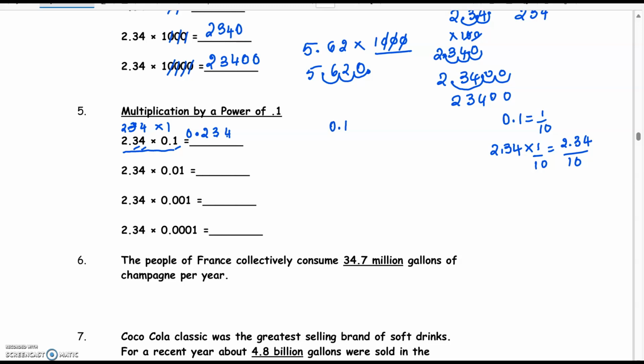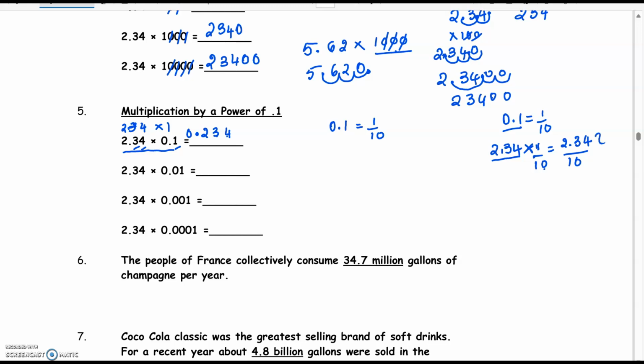Now if you think about it, 0.1 is 1/10. So it's 1 over a 10. It's the opposite of multiplying by a 10. This is dividing the number by a 10. So if you're multiplying 2.34 with 0.1, it's the same as multiplying 2.34 with 1/10.